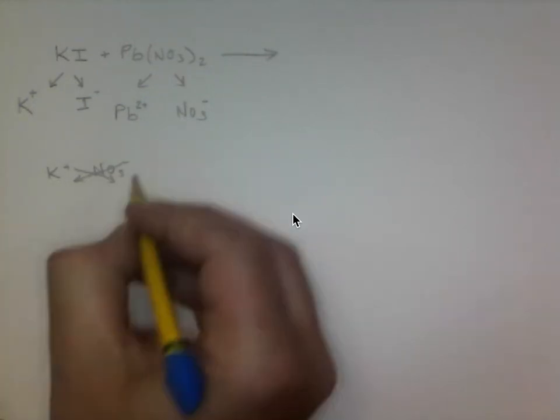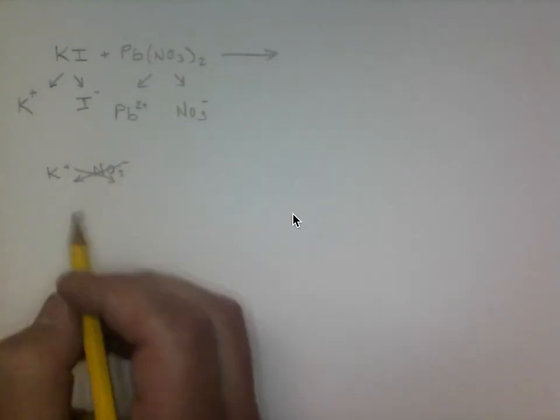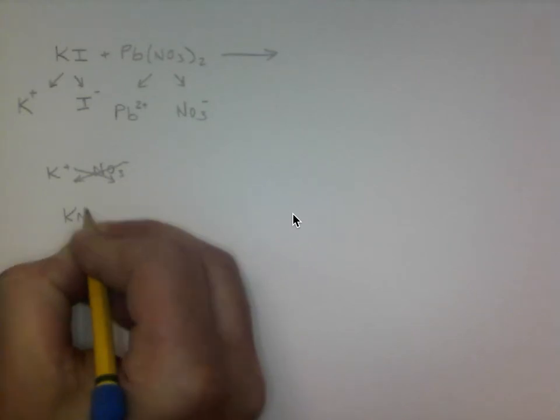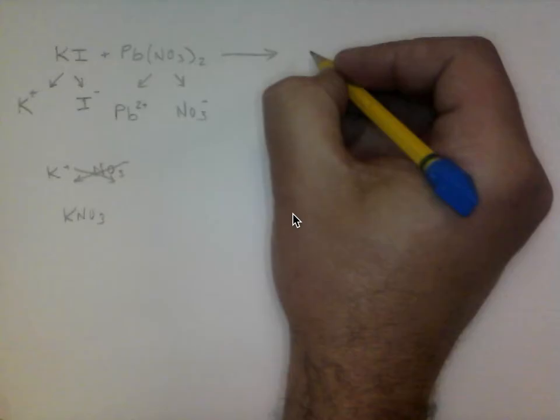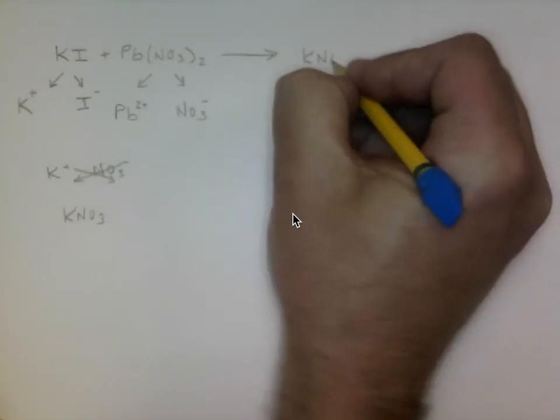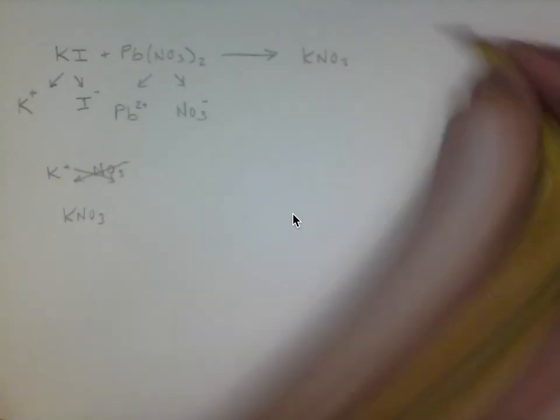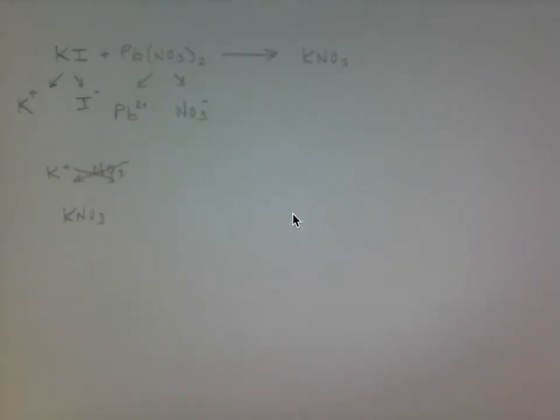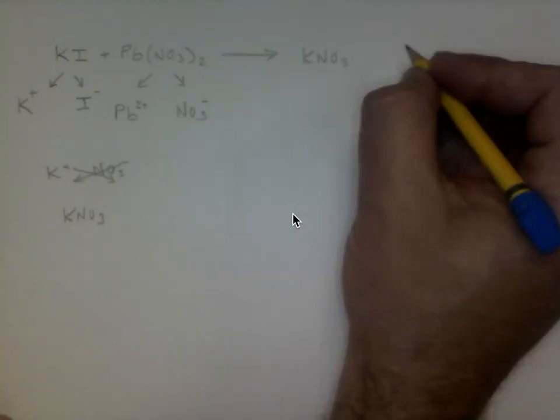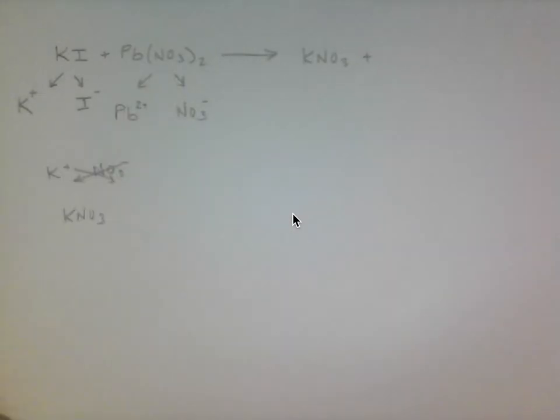We need one of each, so the potassium and the nitrate are going to form KNO3, which is potassium nitrate, a very common compound that's found in things like fertilizer and gunpowder. But fortunately for us, it is not too caustic, and it's something that we could pour right down the sink when we're done.